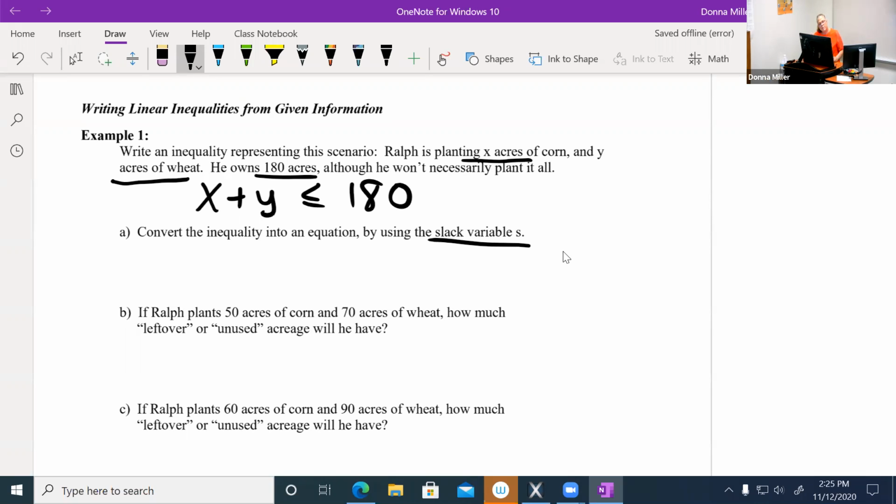Do you guys call it x and y or x1 and x2? x1, x2. Okay, it's the same thing; they're just using x and y. If you don't like that, think of it as x1 and x2. And your slack variable will be S1, the number of leftover acres. So to convert it to an equality, we add the slack variable and say it equals 180. S would be the number of unplanted acres.